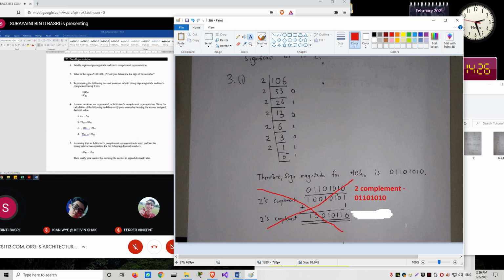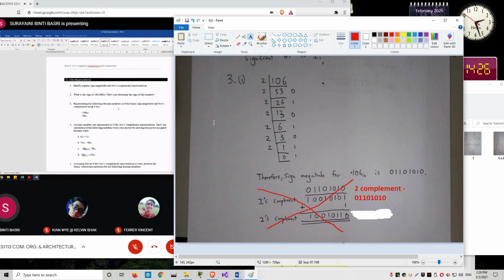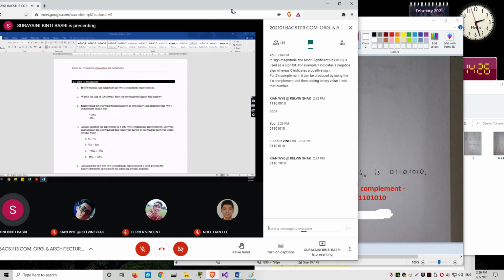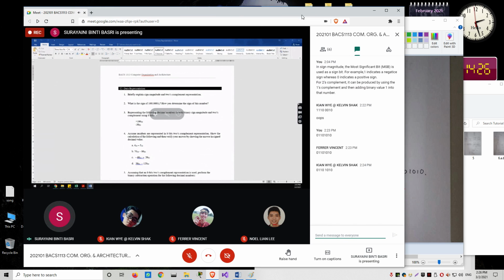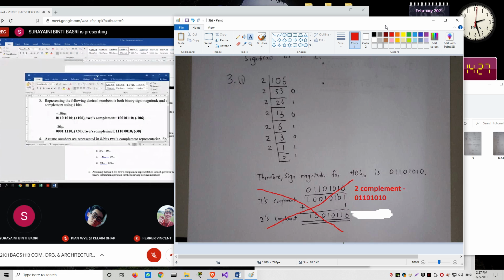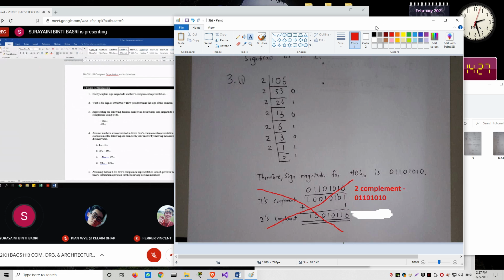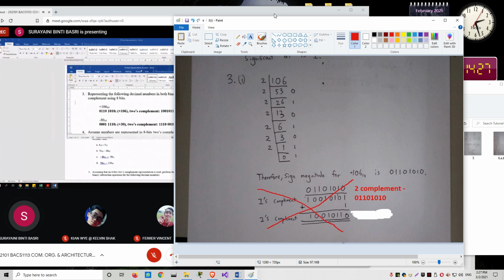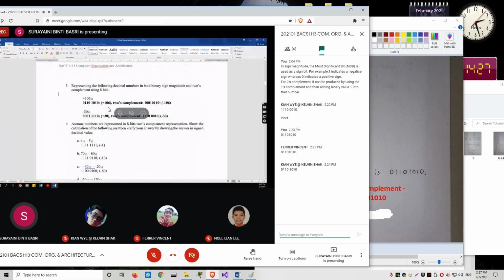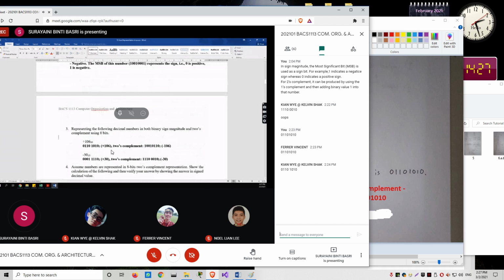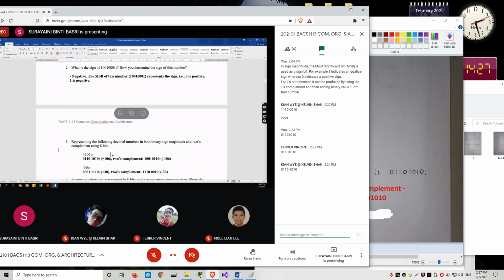Okay, so you need to do the steps like the previous one: first you already have its sign magnitude value. The answer here doesn't show the steps, but I can give a brief way of answering.